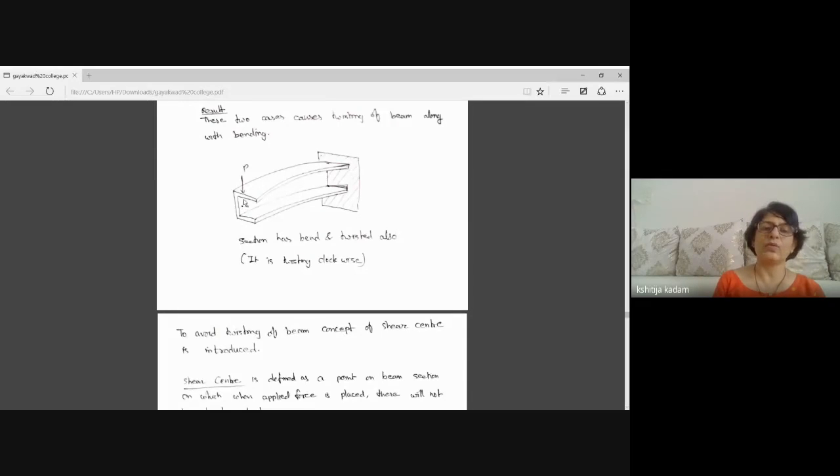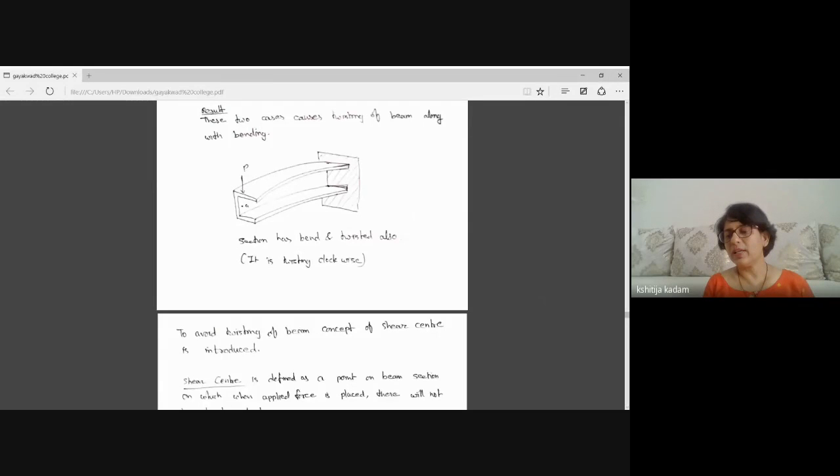So the force is applied along the centroidal line, but the section is not symmetrical. In the sketch you can see the beam is twisting clockwise. So if a beam has any of these cases, there can be unsymmetrical bending. That means the beam will bend, and also it will twist.